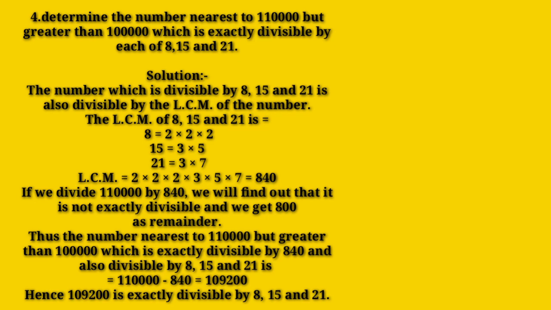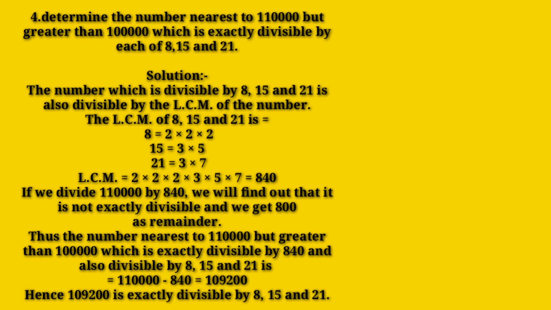Okay, let us see once again. Here in this question, students, determine the nearest. Again, nearest is similar to smallest, minimum. Whenever there are these kinds of words, you will have to find the LCM.